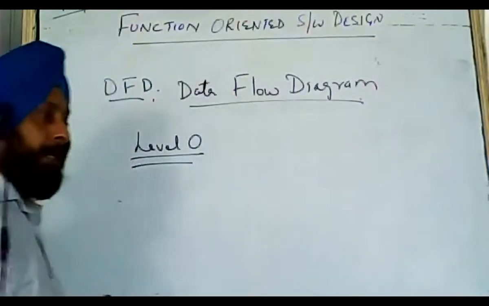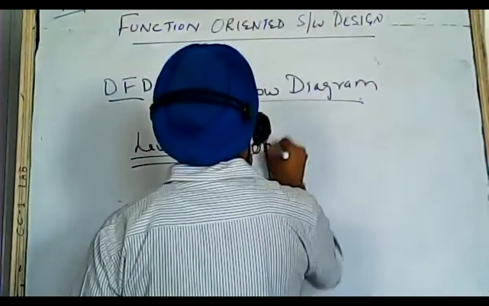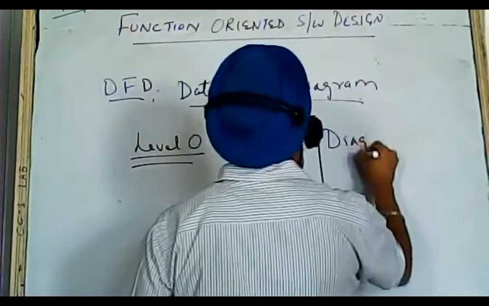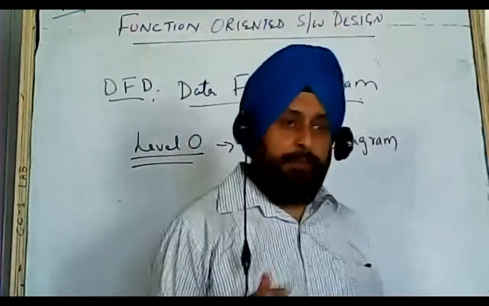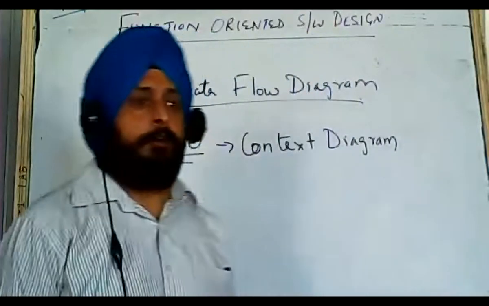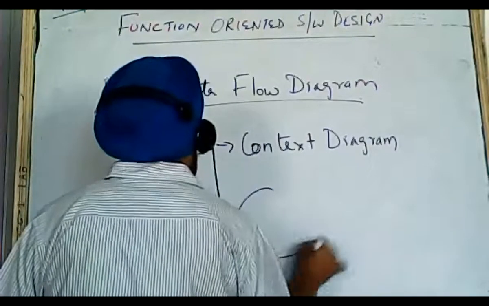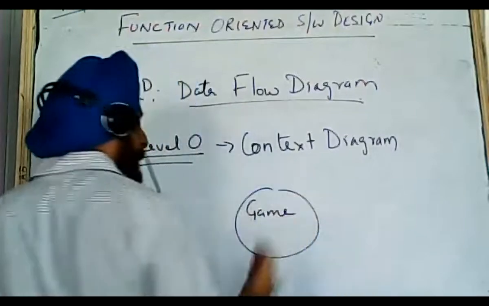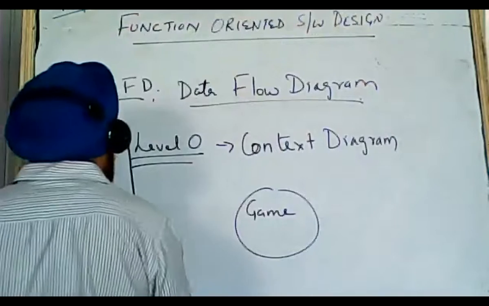Level 0 DFD is also known as the context diagram. It is the basic representation of the whole system. Suppose there is some game, any game, it can be tic-tac-toe, and a human plays this game.